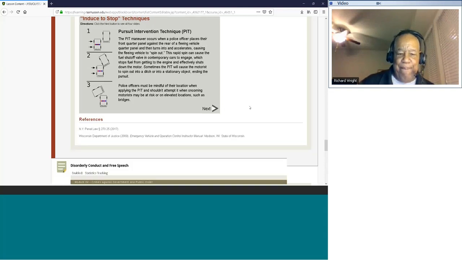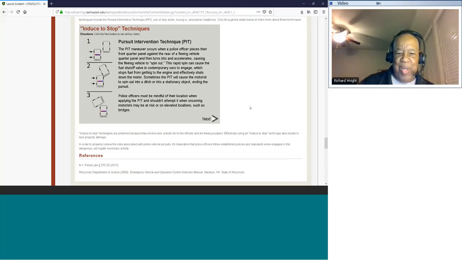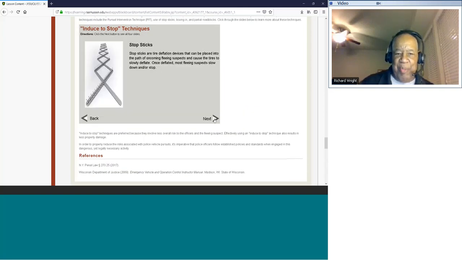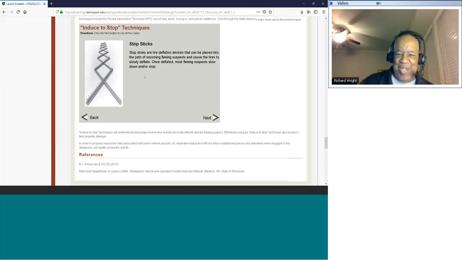Now, there are also stop sticks, and I'll show you what I'm talking about next. These are what cause tires to go flat. You're familiar with those if you park in a lot and they tell you don't back up or try to get out without paying, and if you go over it, the spikes puncture your tires.